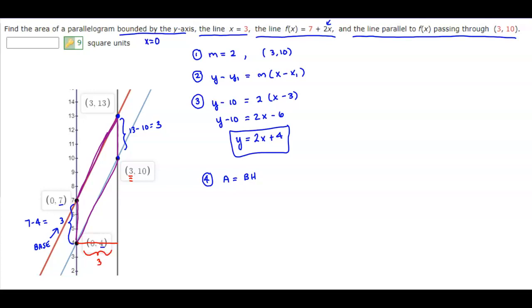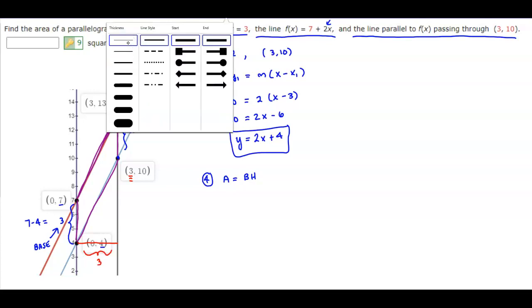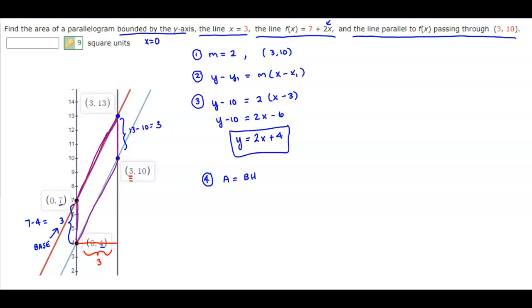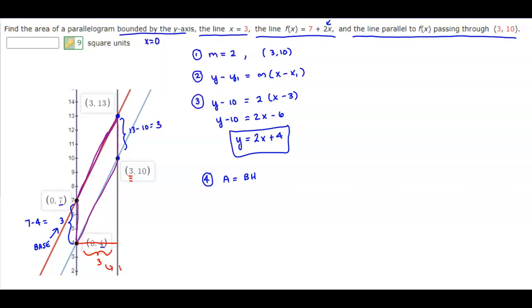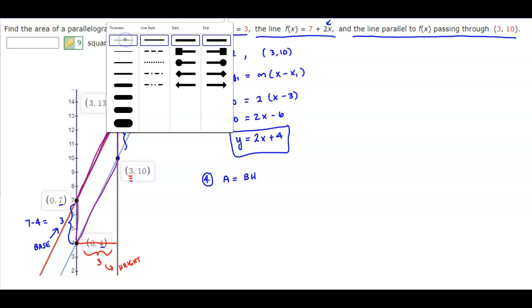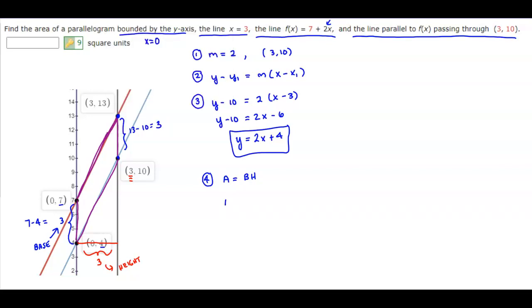Therefore, when we want to find the area of the parallelogram, given that we have the base and we know the height, we can just use the formula. So the area equals 3 times 3, which is equal to 9. So there is our solution.